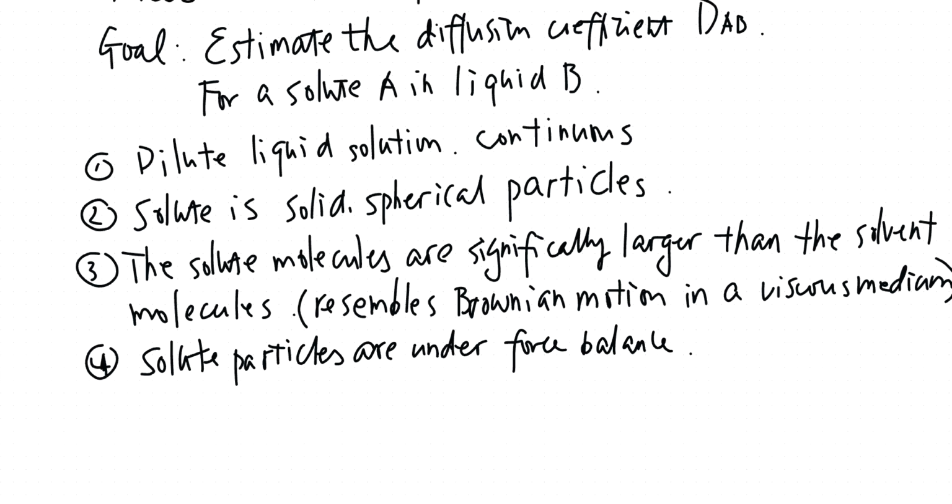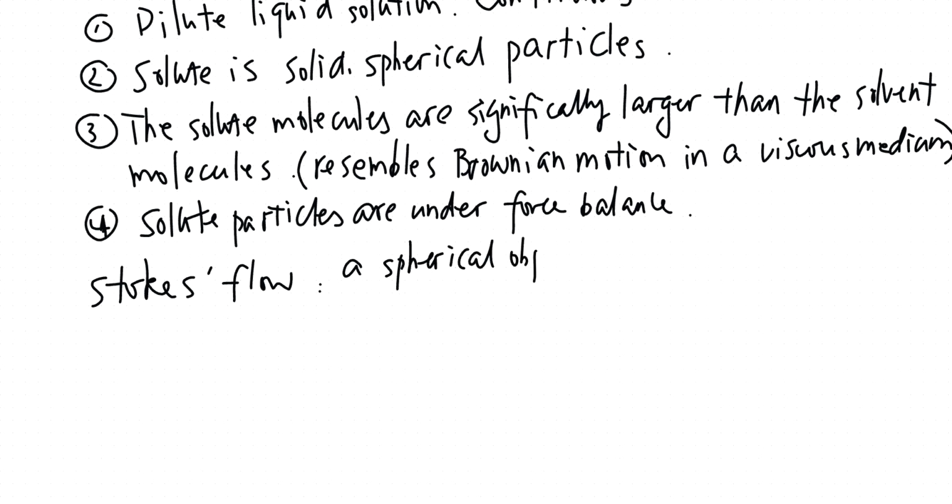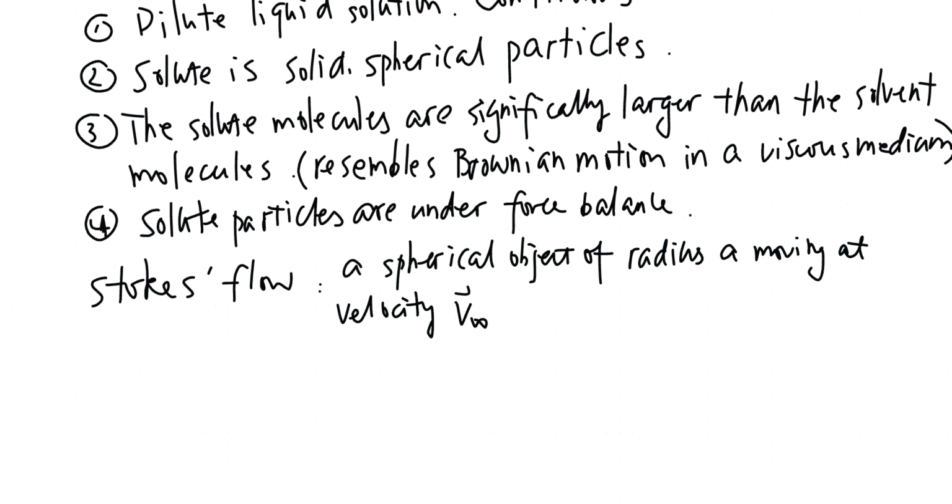Okay, now let's look at the model. So let's look at the Stokes flow part. What Stokes flow says is that if you have a spherical object of radius a moving at velocity v infinity. Infinity doesn't mean the velocity itself is infinite.